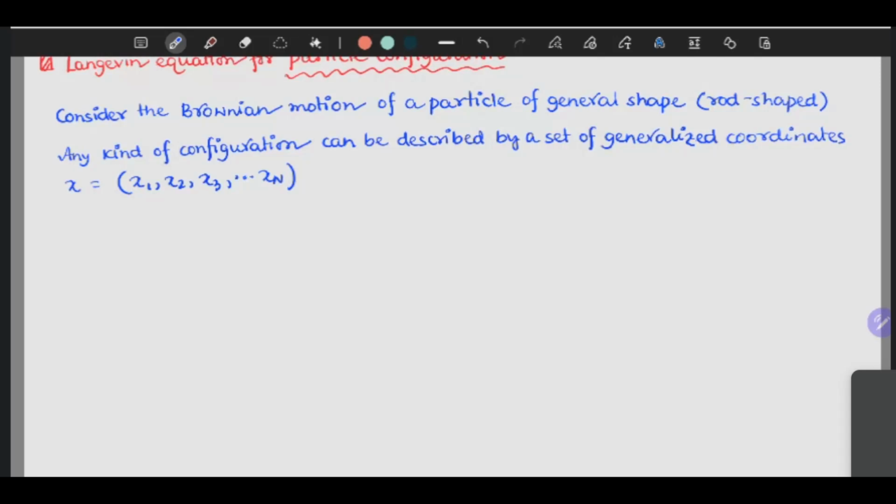For a rod shaped particle, cylindrical coordinates will be useful to consider, right? So there it will be rho, phi, z, like this.